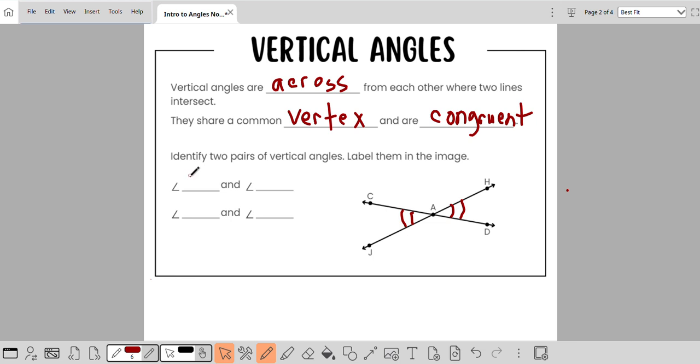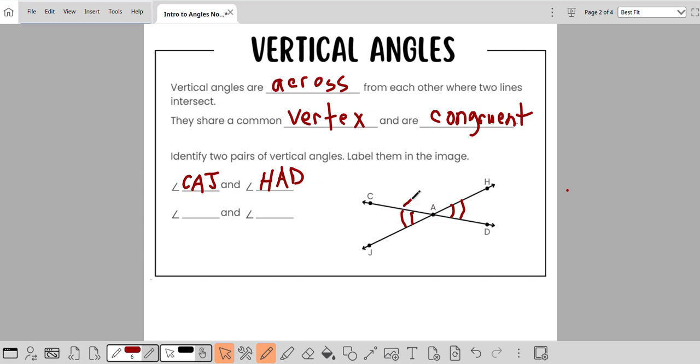Let's start with angle CAJ and angle HAD. They are vertical. They are congruent. They are exactly the same measure.